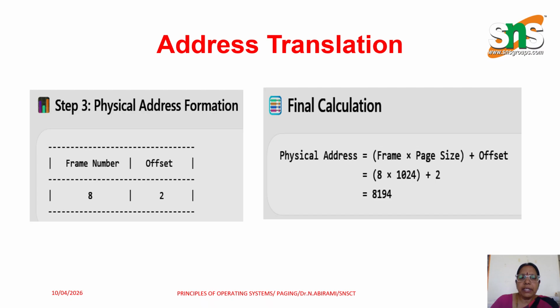The next step is the physical address formation. Frame number 8 is taken on the physical address side, that is the memory side, and the offset of 2 is added to it.